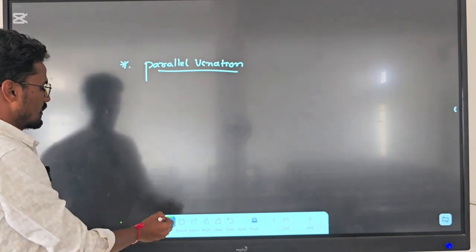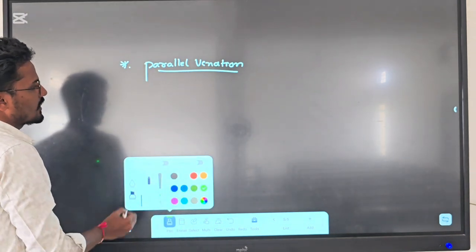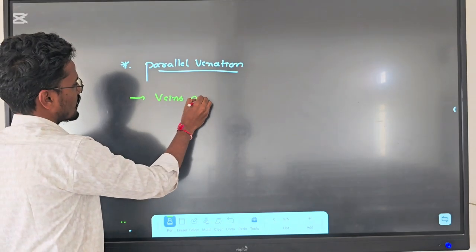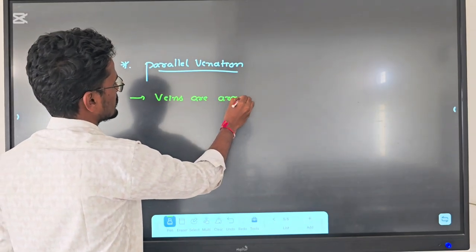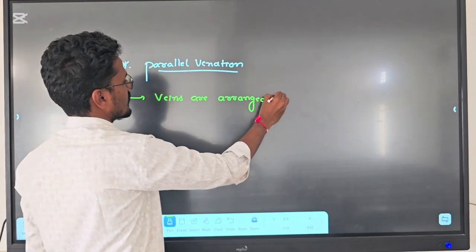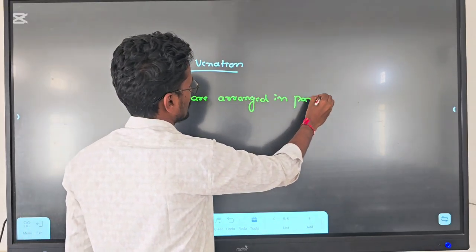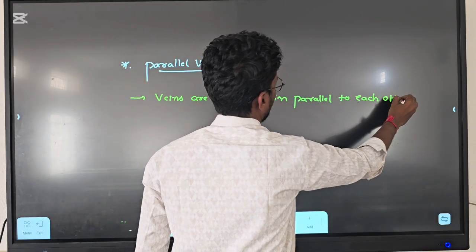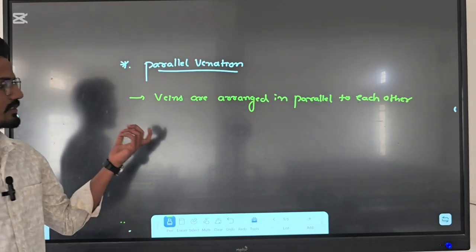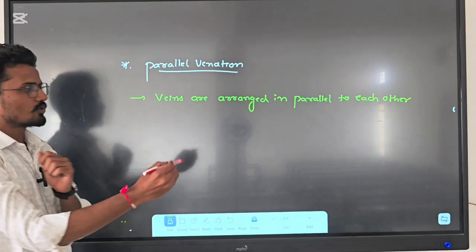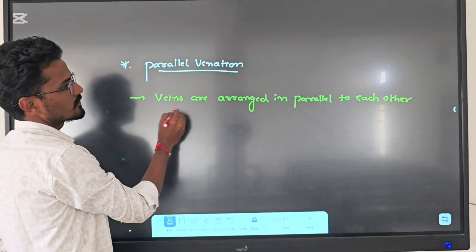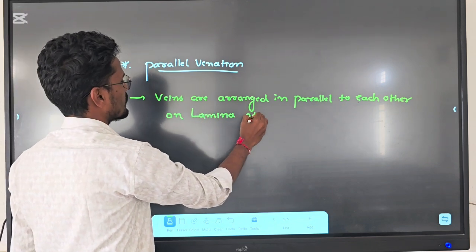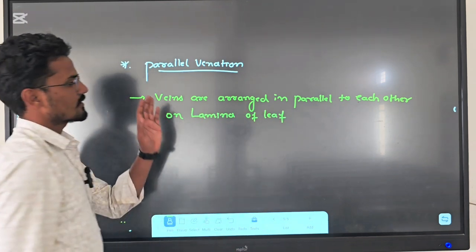Here, in parallel venation, the veins on the leaf are arranged parallel to each other on the lamina of the leaf.